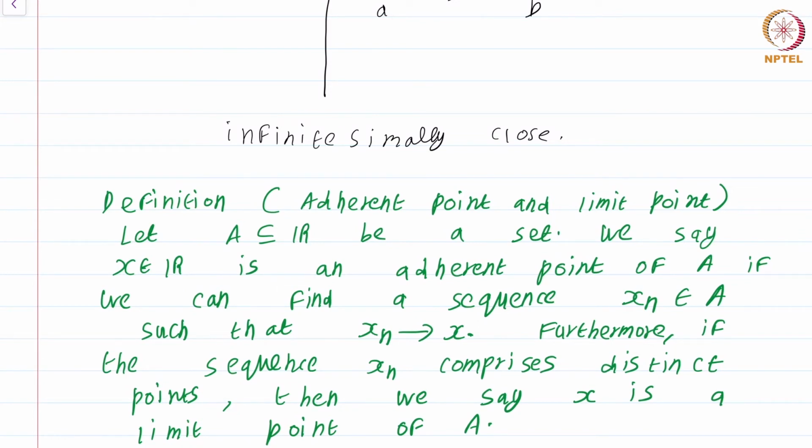If you think about the definition of xn converging to x, what this is really saying is no matter how close to x I get, there is always a point in the set A that is closer to x. That's the only way by which there can be a sequence xn converging to x.